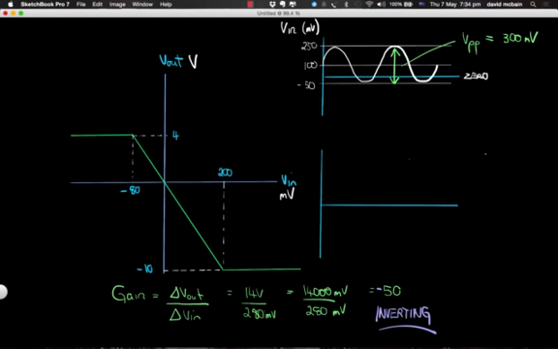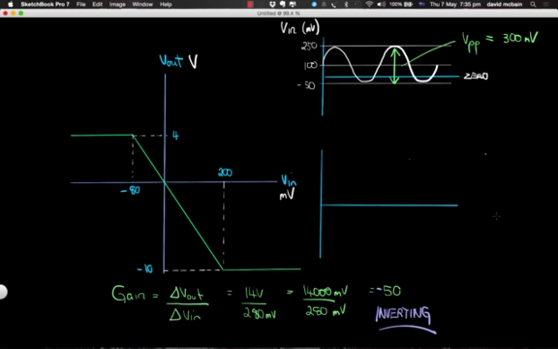So our gain becomes 14 volts over 280 millivolts, which is 14,000 millivolts over 280 millivolts, which is a gain of 50. Because the gradient is negative, sloping downwards, it is classed as an inverting amplifier.